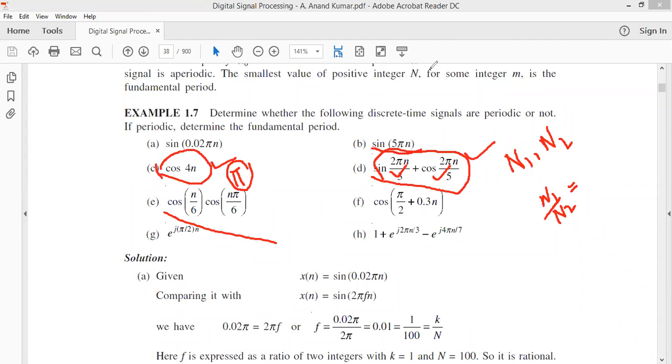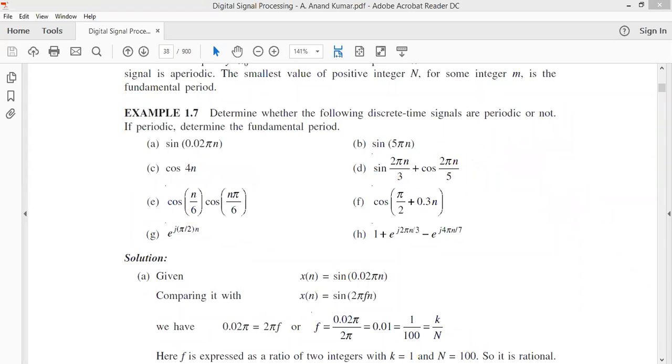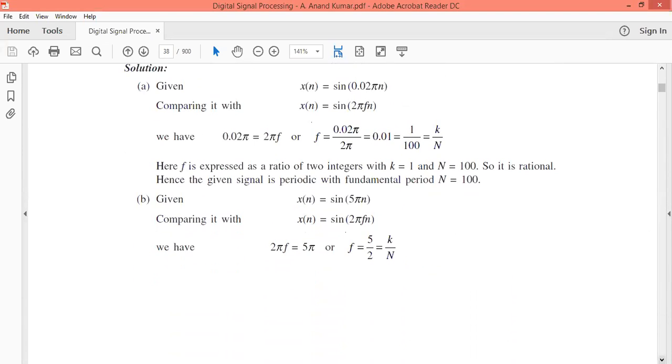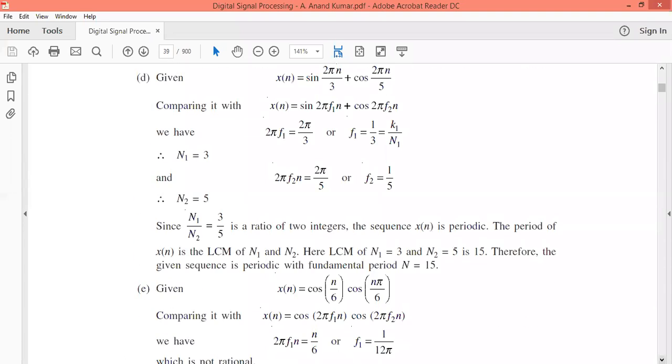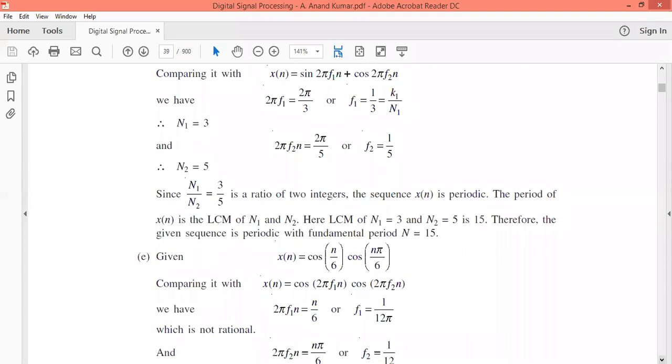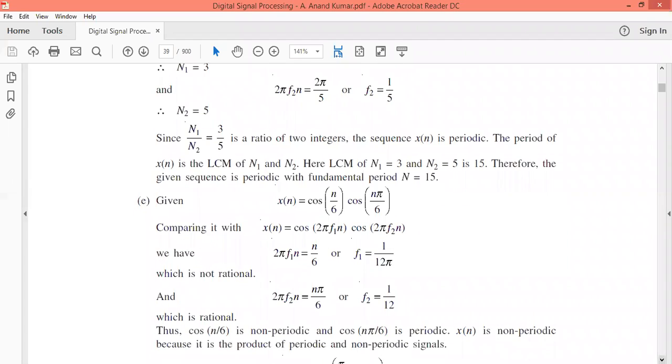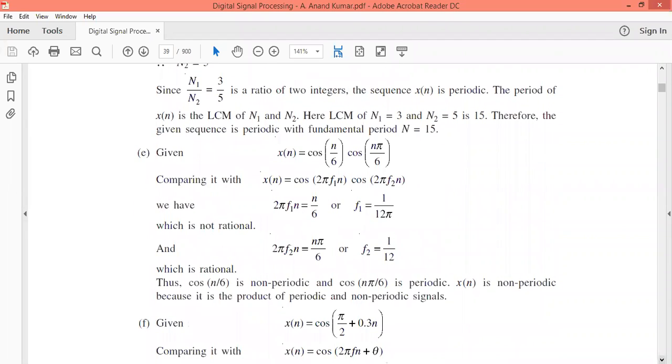After writing it that way, we will find n1 and n2. If n1 and n2 are integers, that is, if both the signals are periodic, then it is a periodic signal. If not, then it is a non-periodic signal. Like that we have to do.